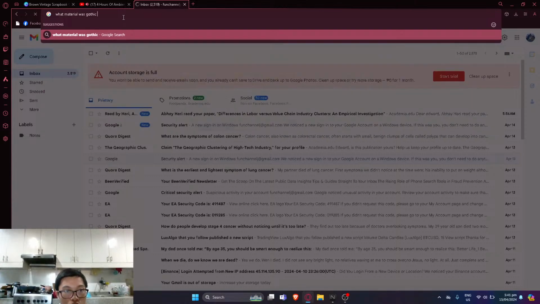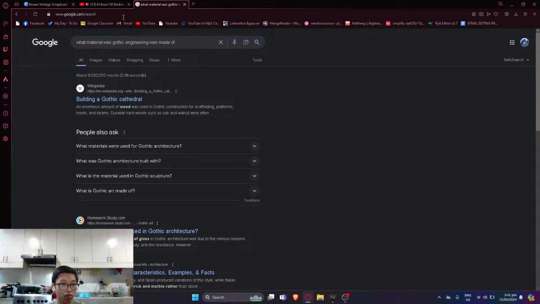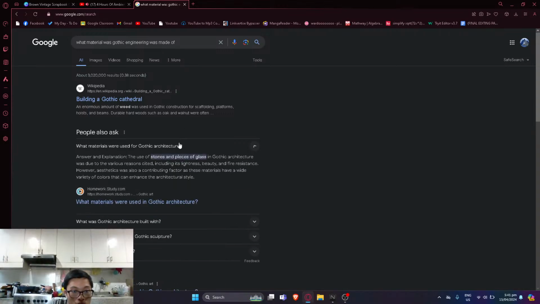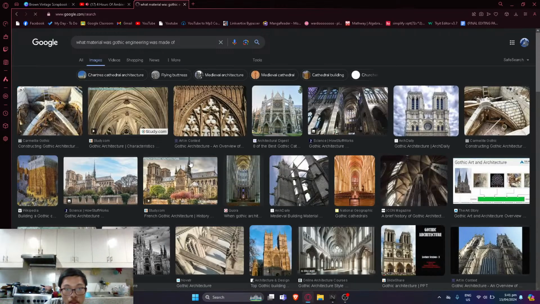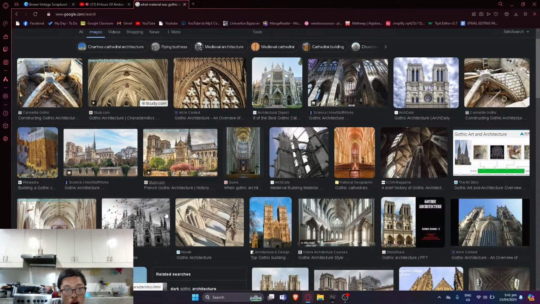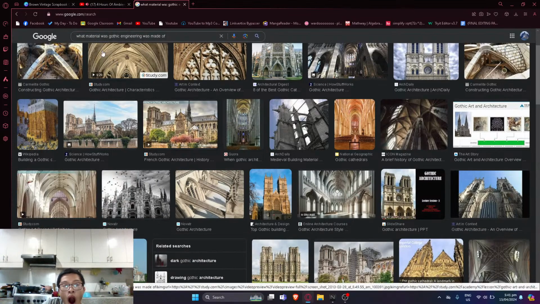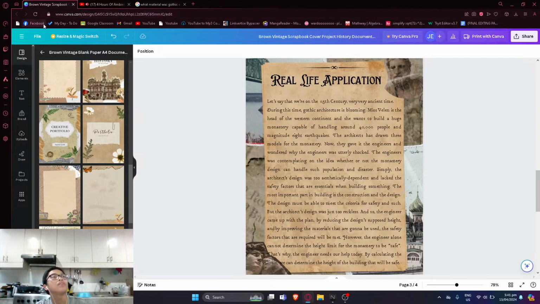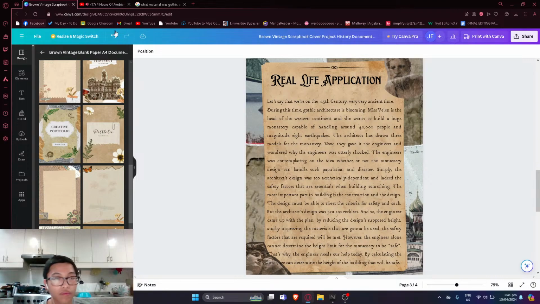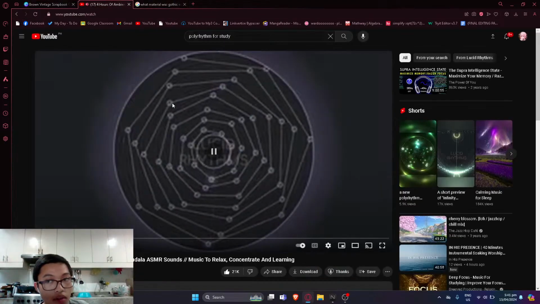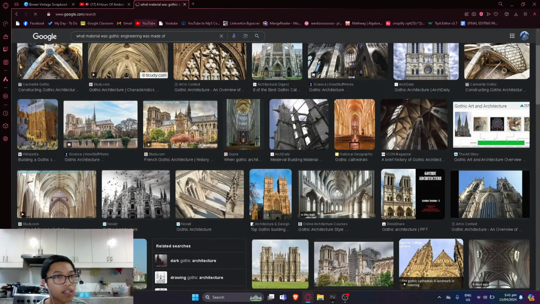Material was Gothic engineering was made of wood, stones, and pieces of glass. Okay, not the answer that I was looking for, but we get what we can get.